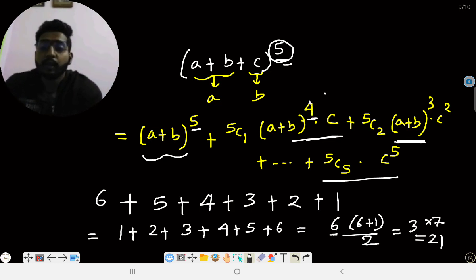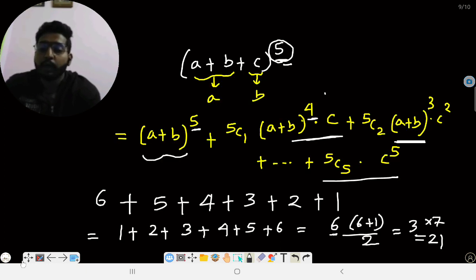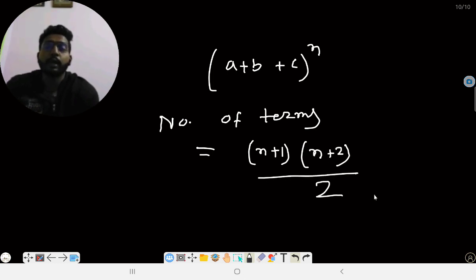That means whatever the power is, you get one more. So first it will be n plus 1, and the next term is 6 plus 1, that means n plus 1 plus 1, so that will be (n plus 1) into (n plus 2) by 2. That will be the number of terms for (a plus b plus c) whole to the power n.